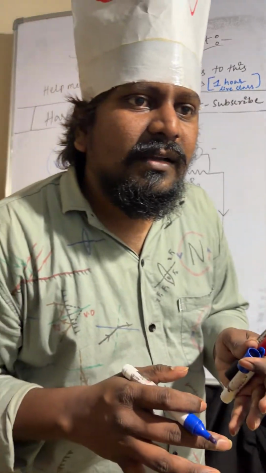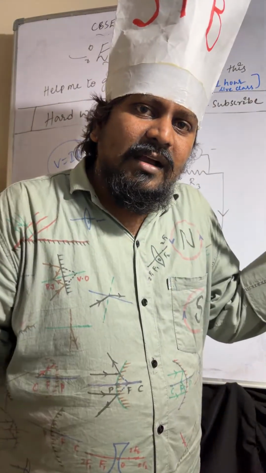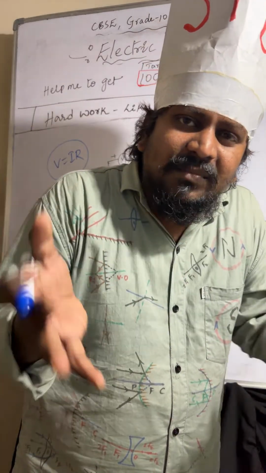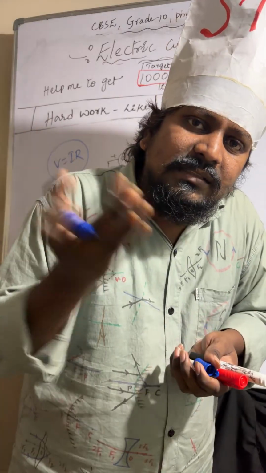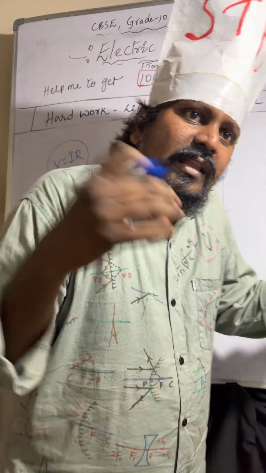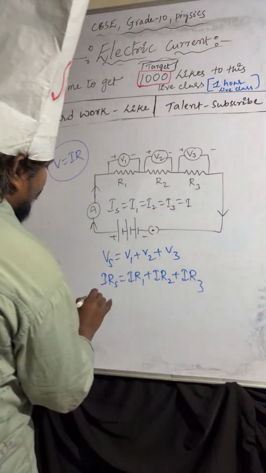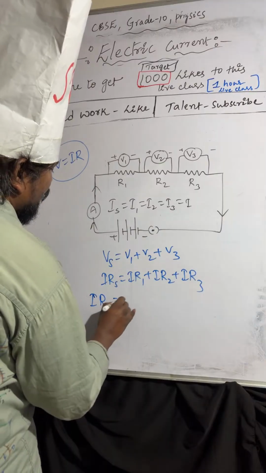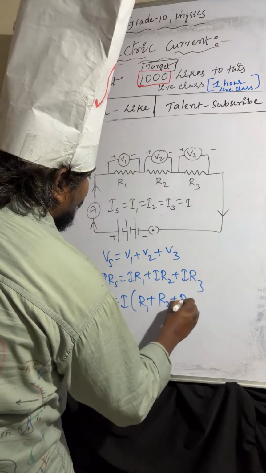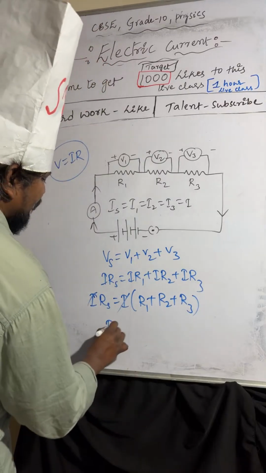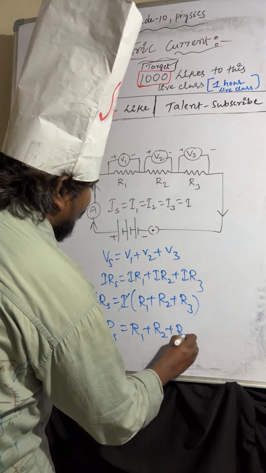Taking I common, I gets cancelled, so Rs equals R1 plus R2 plus R3.